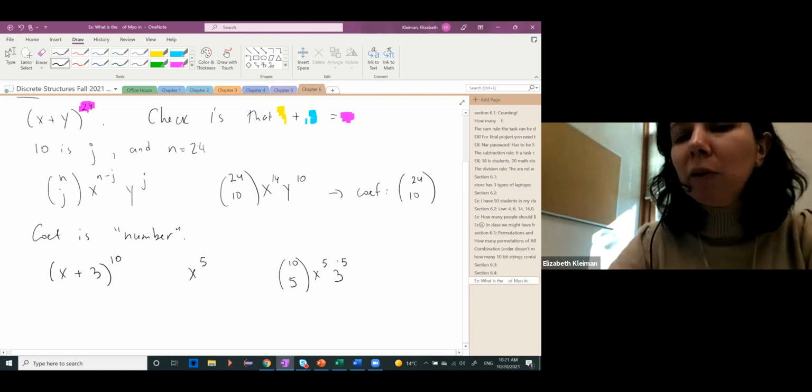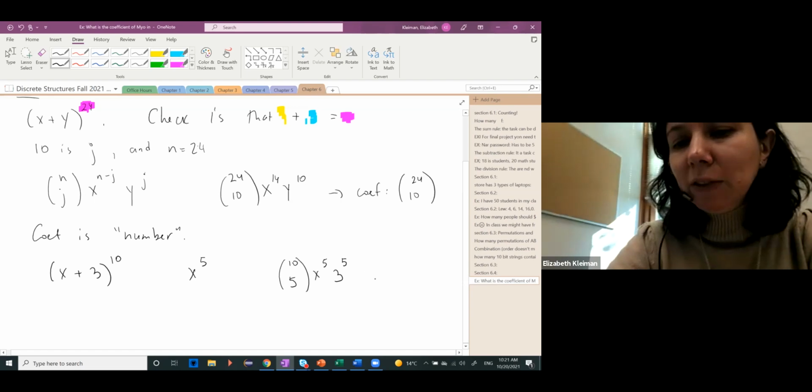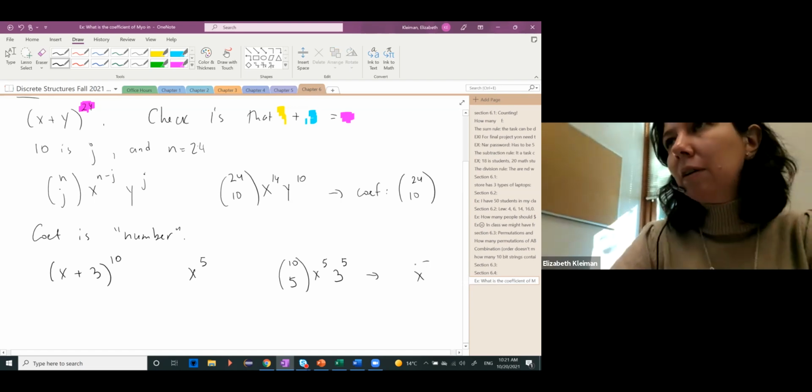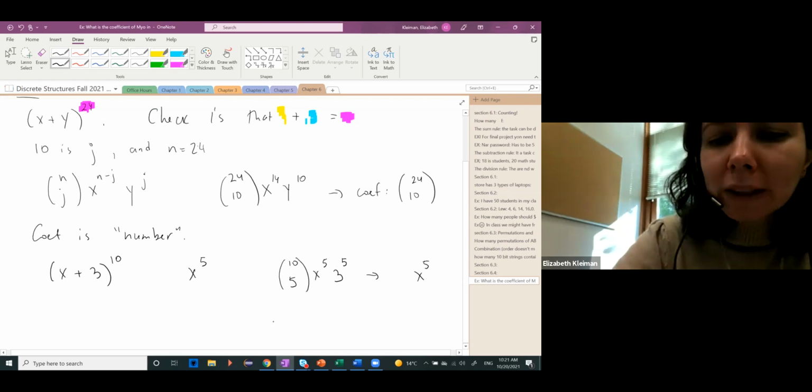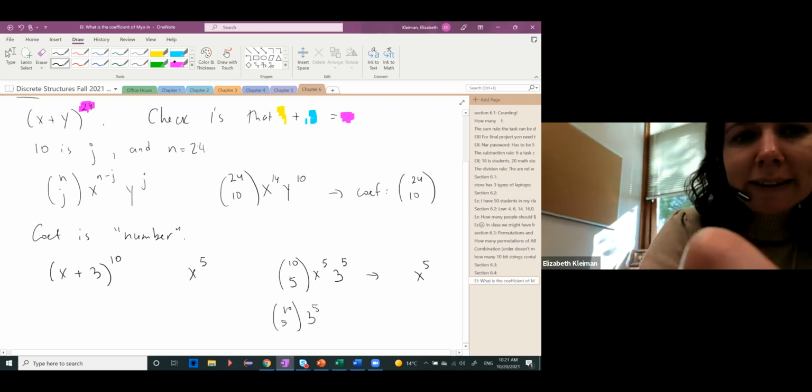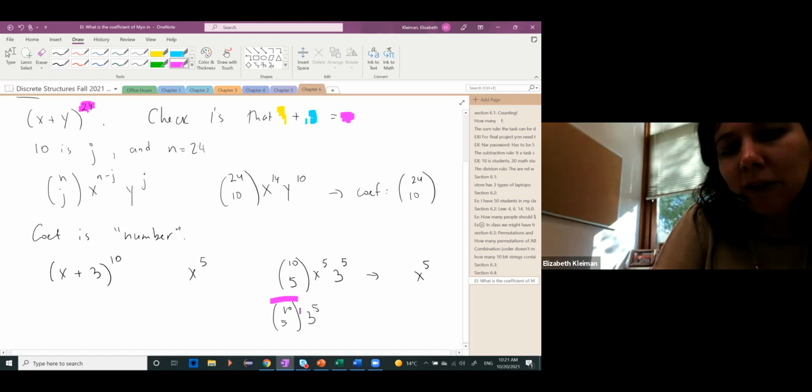So what would be my coefficient in this case for x to the 5? My coefficient is going to be all the numbers, so the number is going to be 10 choose 5 times 3 to the power 5.